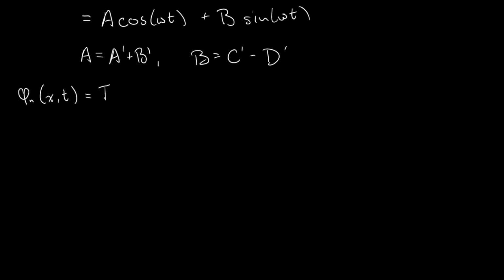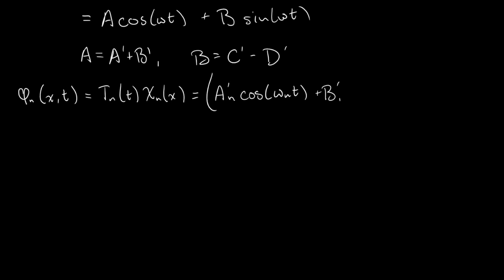This is going to be t sub n of t times x sub n of x, which I'm just going to write as a prime sub n cosine omega n t plus b prime sub n sine omega n t, right? So this is the t part, and then the x part, which is just sine of k sub n x.